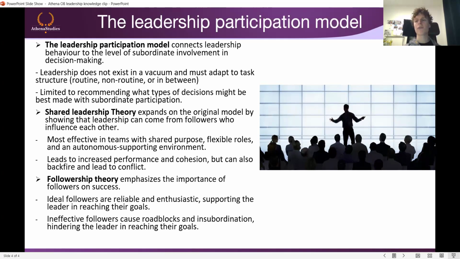But you can also have roadblock followers, ineffective followers that cause roadblocks and insubordination, which then hinder the leader in reaching their goals, which will then bring down the performance of the leader. So this shows that leadership and performance is not only based on the leader, but also on the quality of the followers and how well they can work together with the leader.